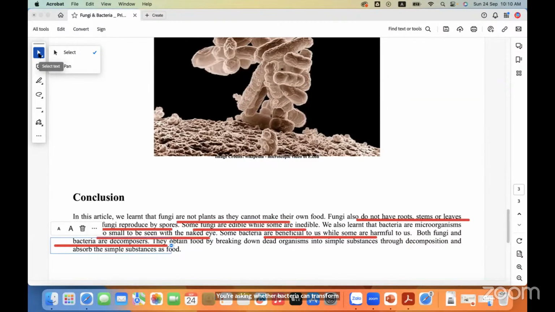I mean, where do the fungi get the nutrients from? Oh, you are trying to say where does bacteria get the nutrients from, right? Or in simple words, how do they eat? Am I right to say that?